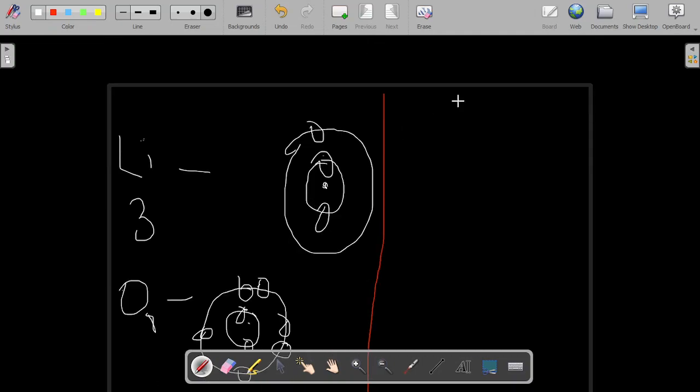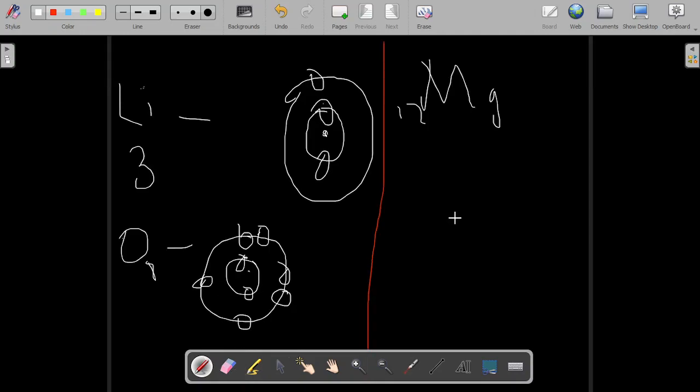Now let's check for another element like magnesium, which is 12. Now how do we do that? We say 1 2, 3 4. Okay, 1 2 it still means 10.